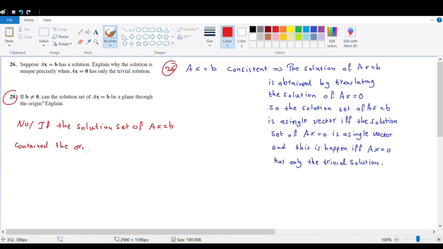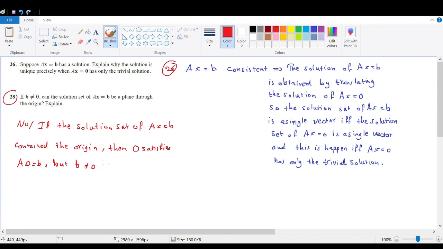or contains the origin, that means 0 satisfies A0 = b. But it is given that b is not equal to 0, so we cannot include 0 in the plane, since b is not equal to 0.